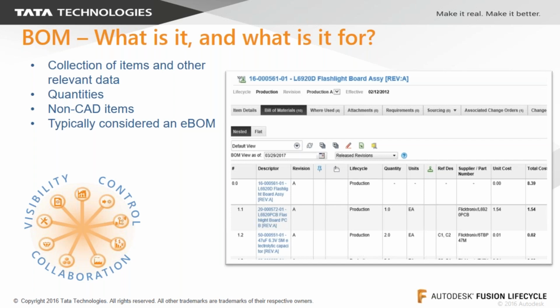So that's kind of the concept of an engineering BOM or an E-BOM right there. That you might not have everything you want in a CAD system, but the E-BOM or the bill of materials in your PLM system or business system contains pretty much everything you need to put something into production.